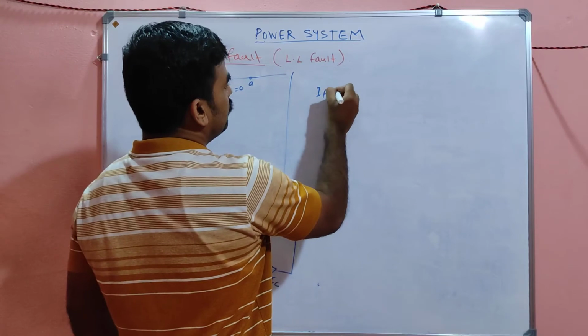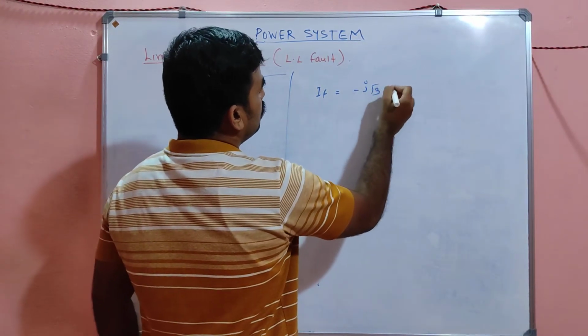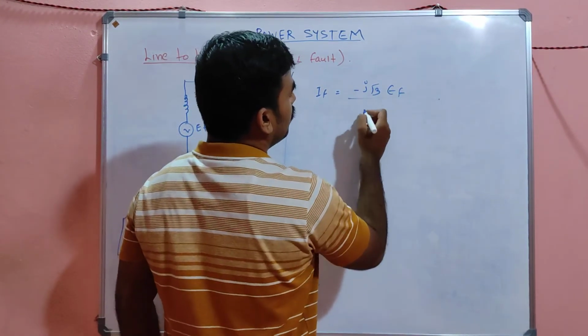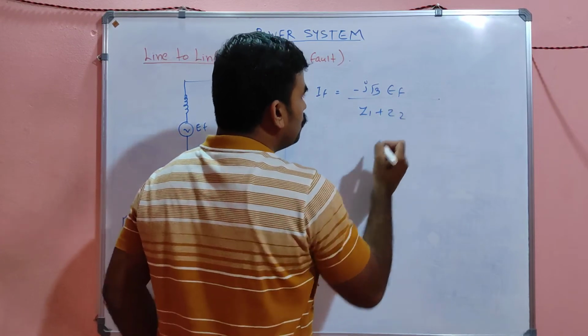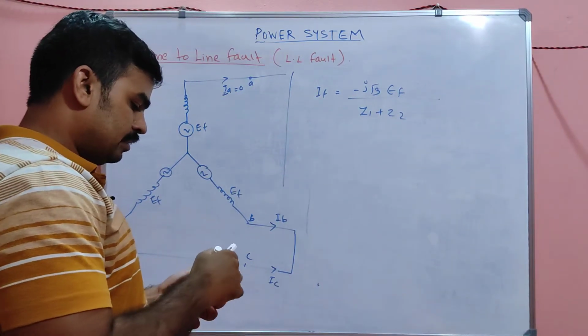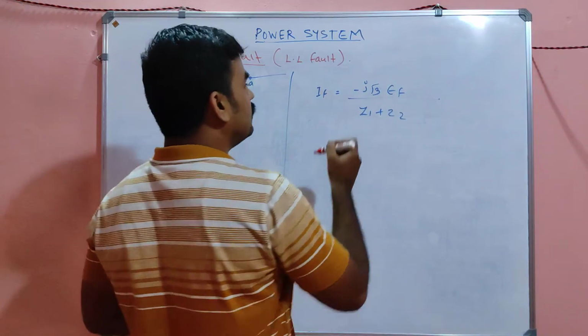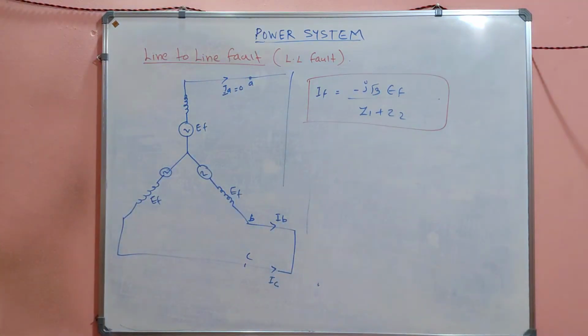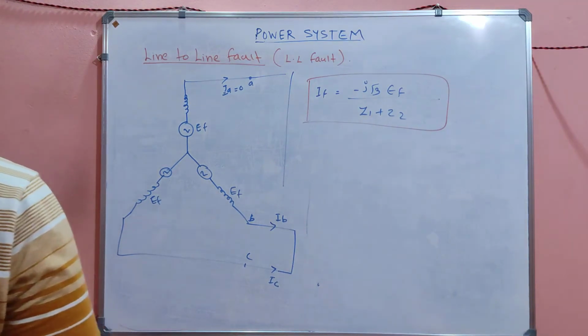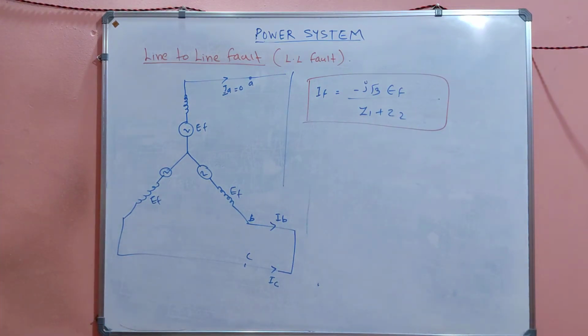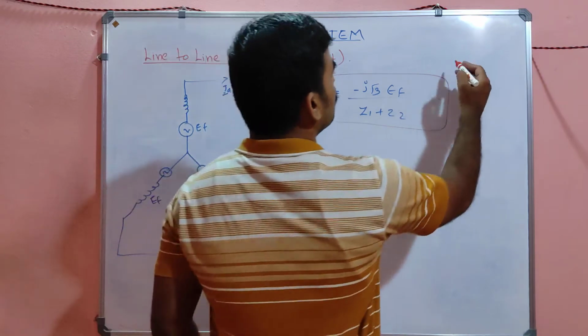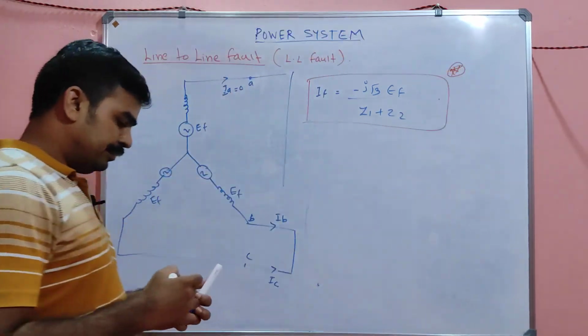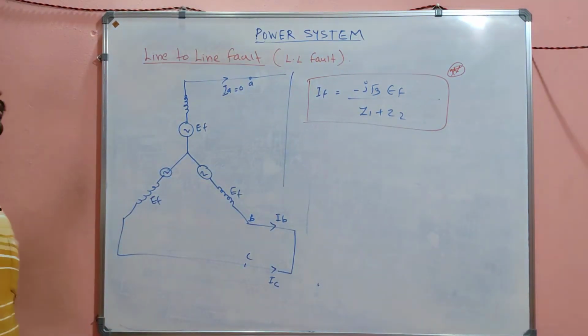The fault current IF is equal to minus J root 3 into EF divided by Z1 plus Z2 only. There is no zero sequence. So minus J root 3 EF divided by Z1 plus Z2 is the fault current. This equation is very, very important.